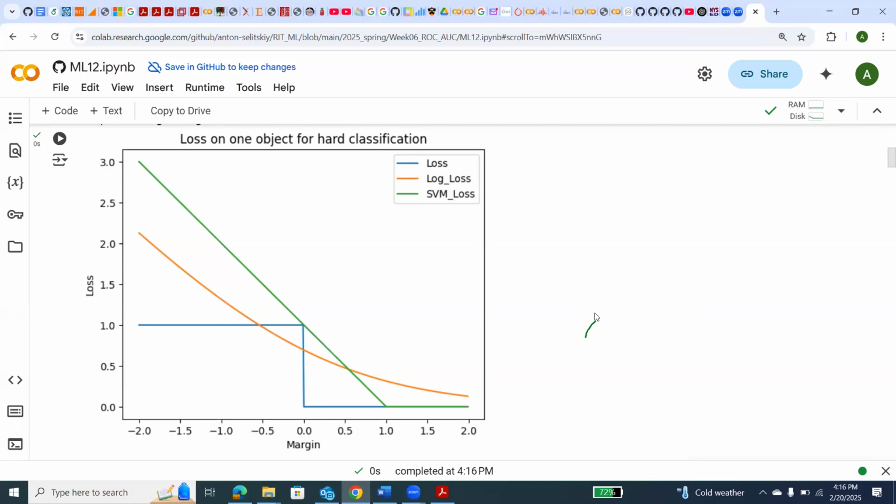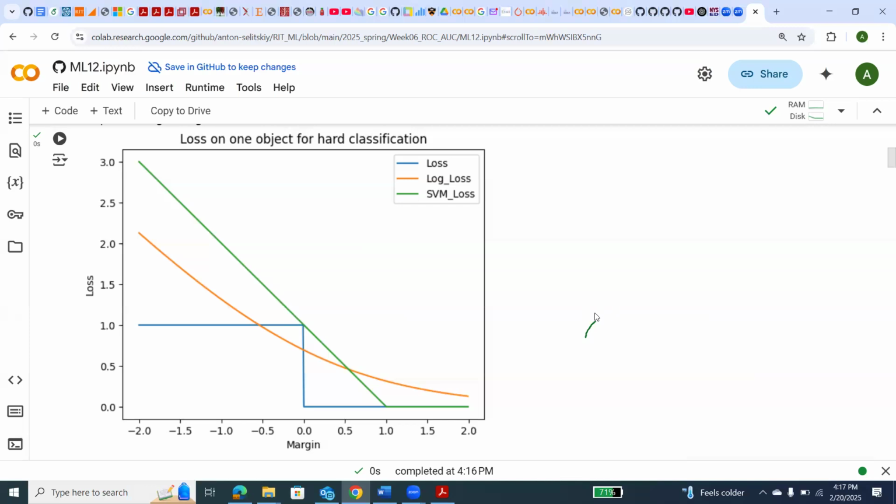The orange line corresponds to log of 1 plus e to the power, the logistic regression. And you can notice here that it returns the probability. Even if our margin is very, very large, it still will hesitate.